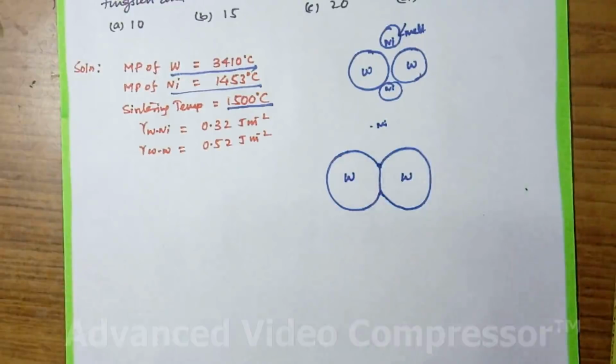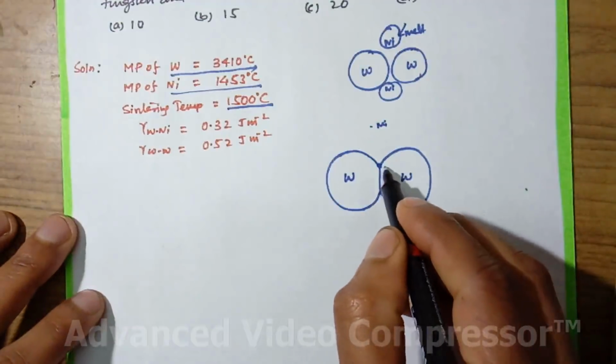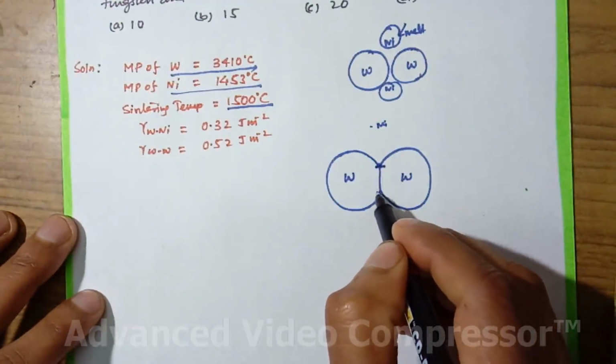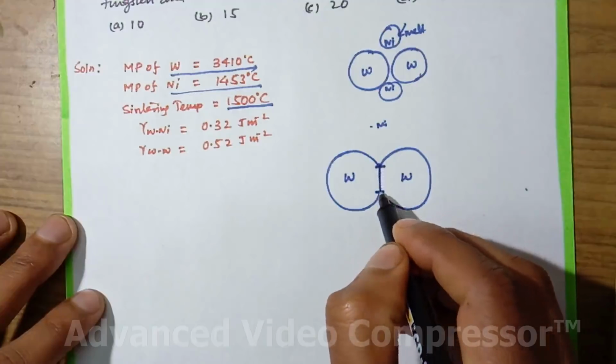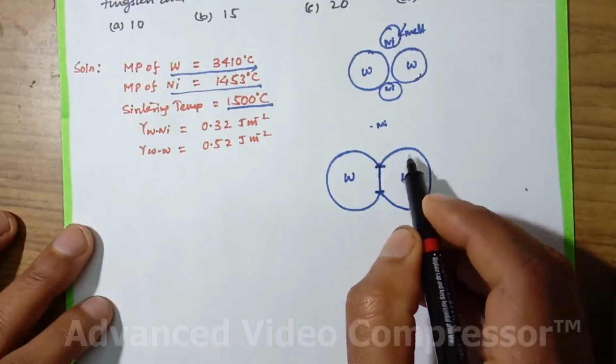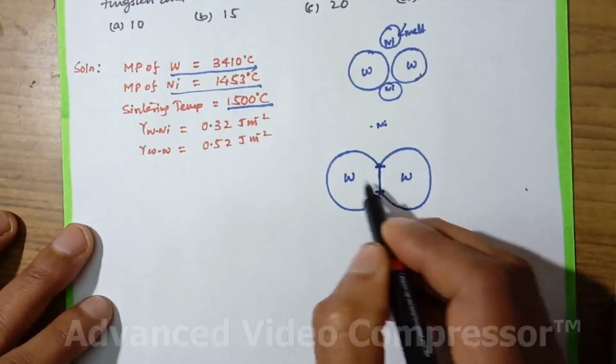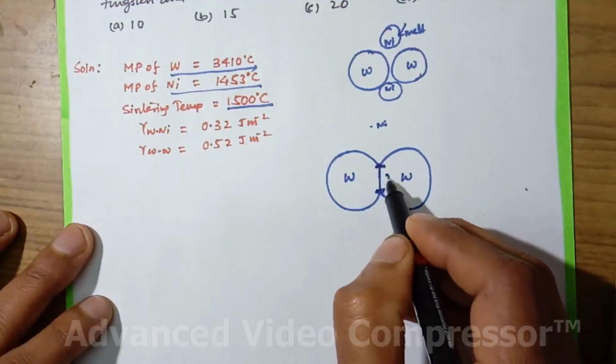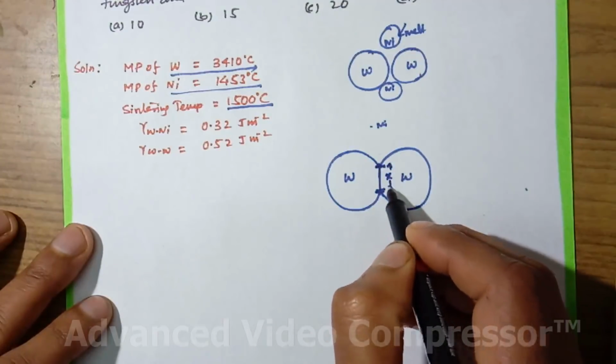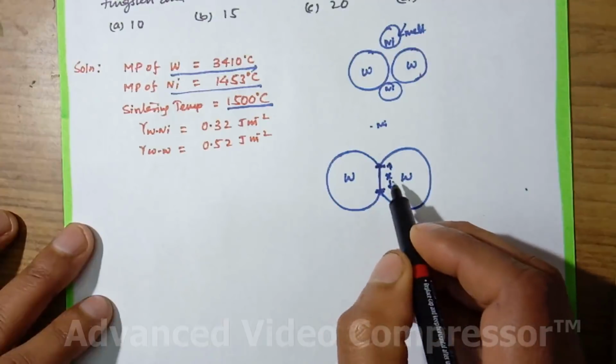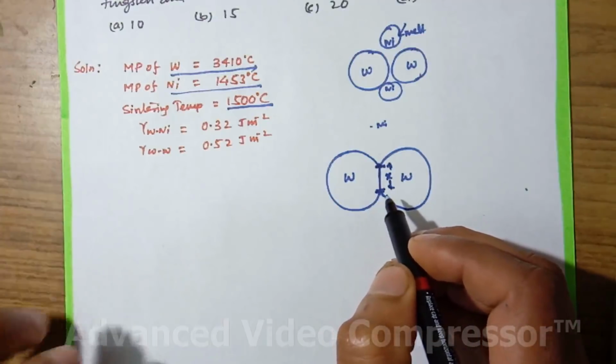Now to solve this problem, we need to first assume this contact length. If we see in two dimensions, you consider this sphere and sphere, this contact length is x, and this is the neck size. Why is this the neck size?